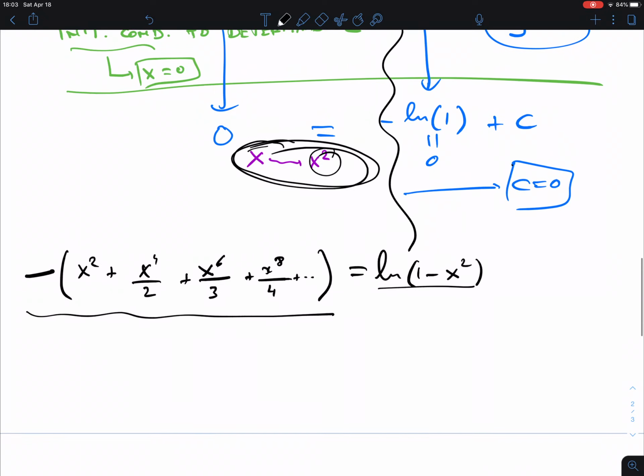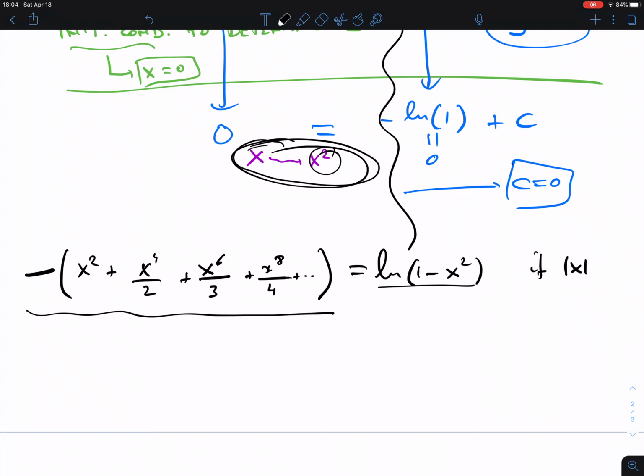Nice, right? And this is for still the same condition. Sorry, I was a bit too quick here. We have to check the condition, because something might change there.